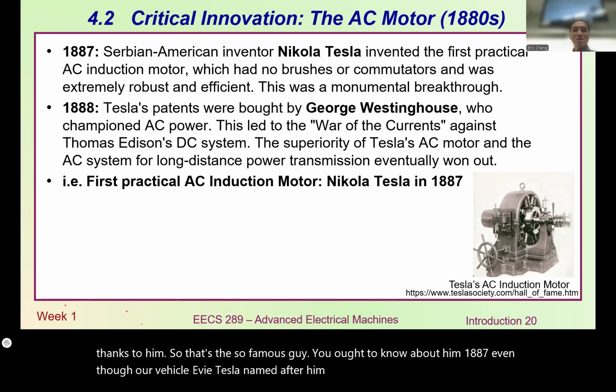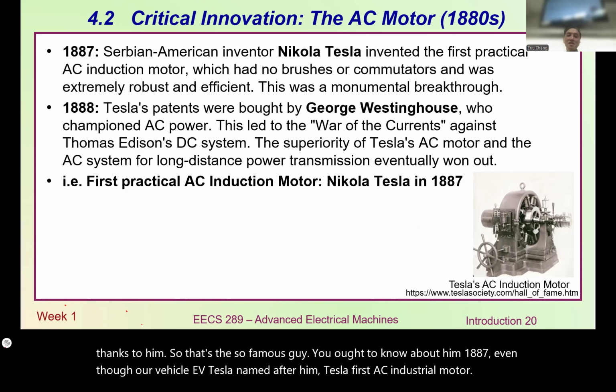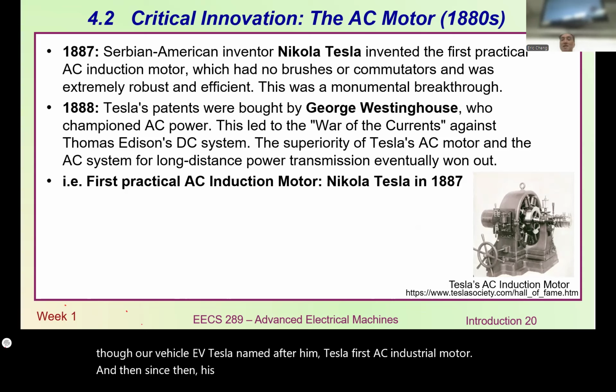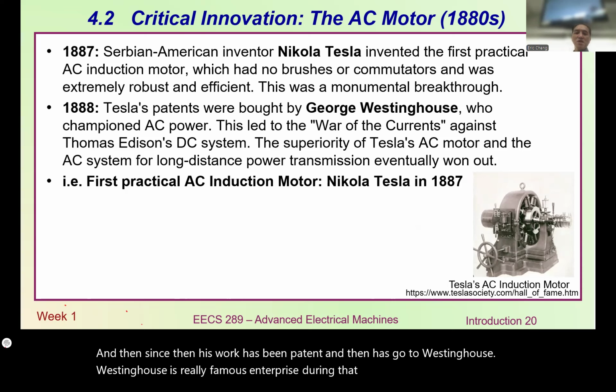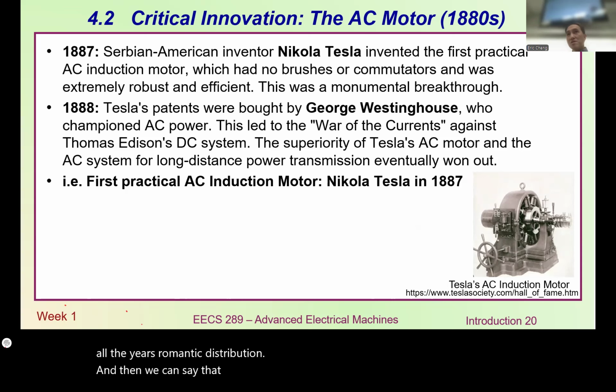First AC industrial motor, 1887. Since then, his work has been patented, and then it went to Westinghouse. Westinghouse was a really famous enterprise at that time, famous for work on all the electromagnetic distribution. So we can say that the first invention of the industrial motor should go to Tesla, 1887.